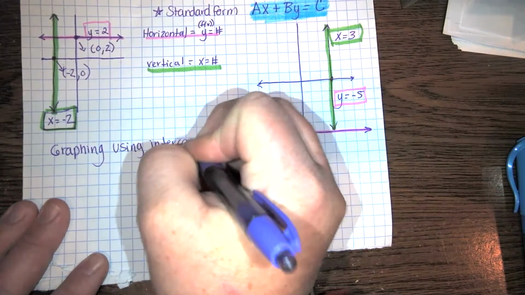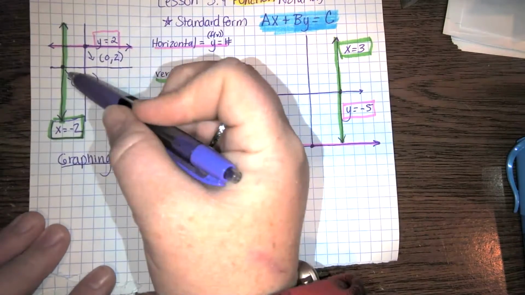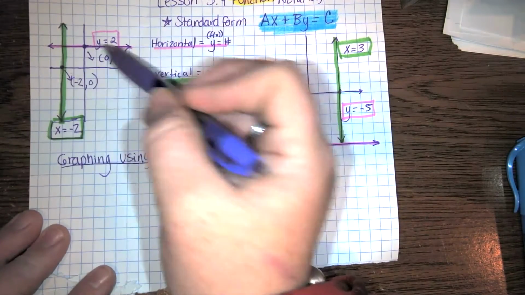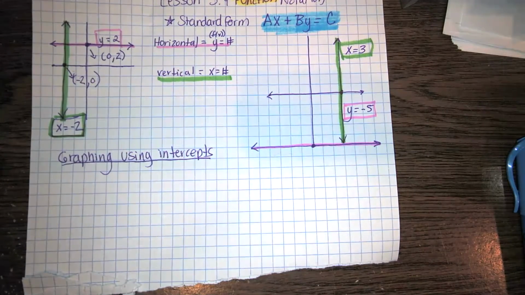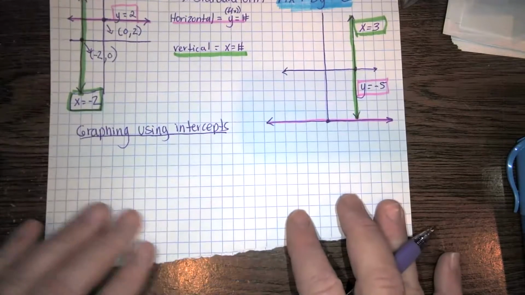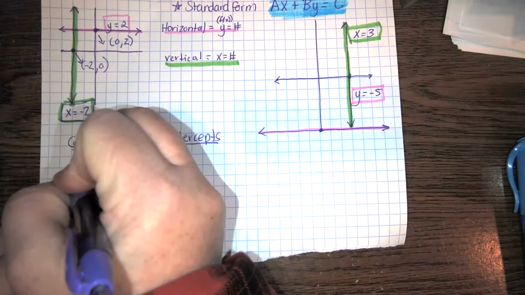We can have just a line that runs horizontally or vertically, right? That is fine. But we also can use that whole idea to be able to graph in standard form, okay? Where it crosses the x-axis and where it crosses the y-axis, okay? So for example, we're going to use this one.